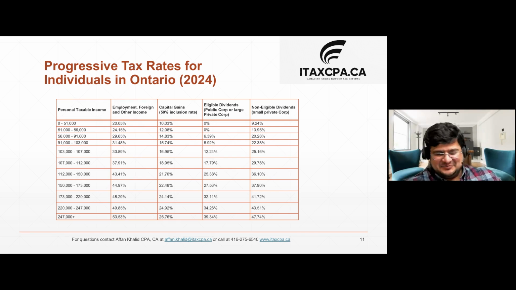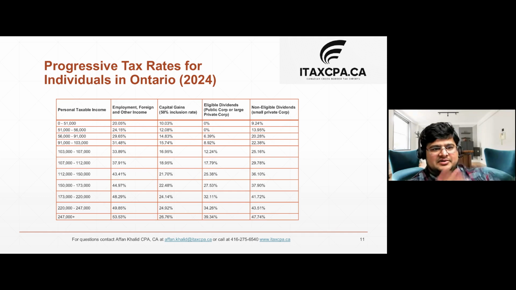But that's Canada. So you can see, ballpark, if you are in a $112,000 bracket, you're subject to somewhere about 37% tax. Again, this is federal plus Ontario. If you are in a different province, the rate might be slightly different. And in the highest tax bracket, if you are making more than $247,000, you're subject to somewhere around 53% tax rate, and so on.